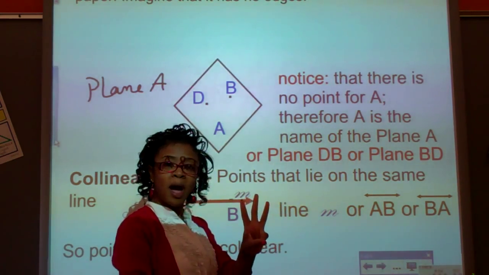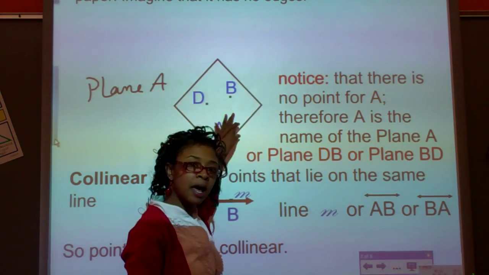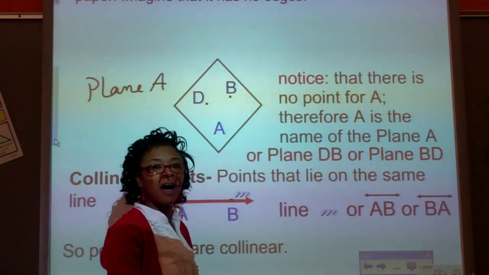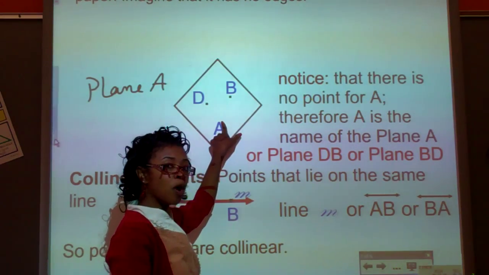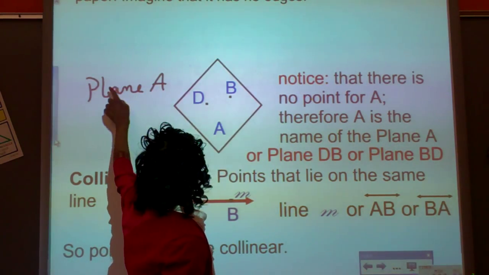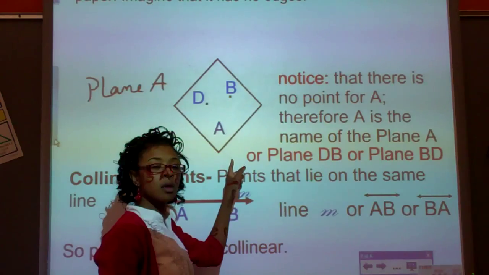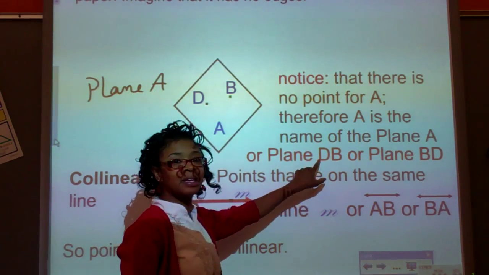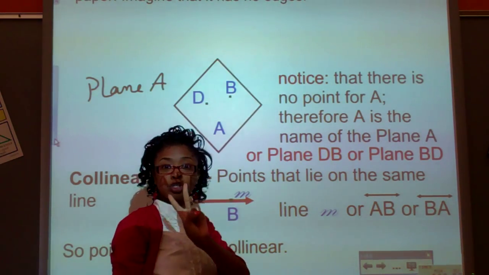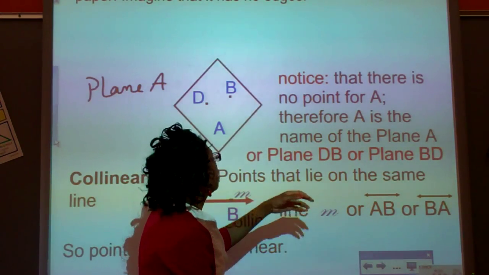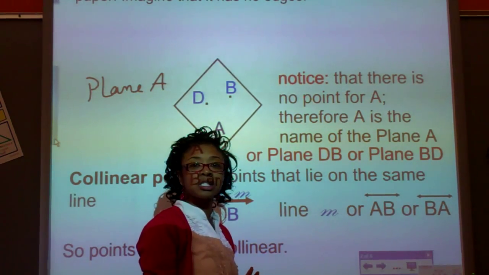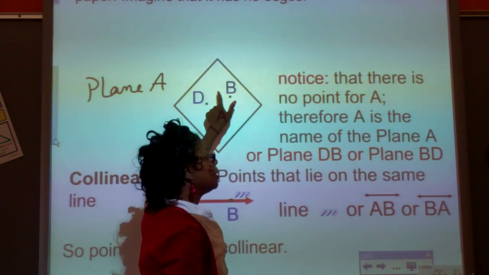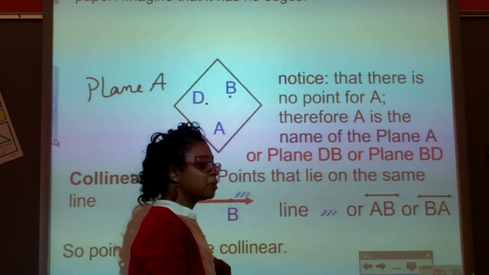So there are three ways to name this particular plane. We can first name it by the plane itself that has no points, plane A, or we can call this plane DB, calling it by the two points that lie on the plane, or for the third one, plane BD, because of the two points B and D.